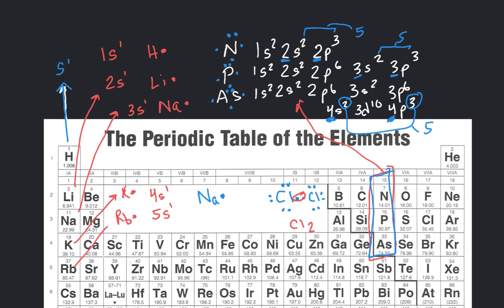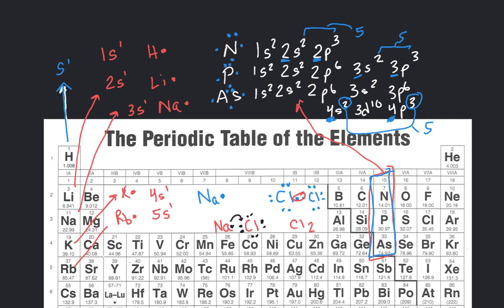But if you were to bring sodium and chlorine together, and you understood the concept of valence electrons, you would see that sodium has 1 valence electron and chlorine has 7 valence electrons. In order to be stable in chemistry, you need to have 8 valence electrons. So chlorine will actually steal this 1 from sodium.